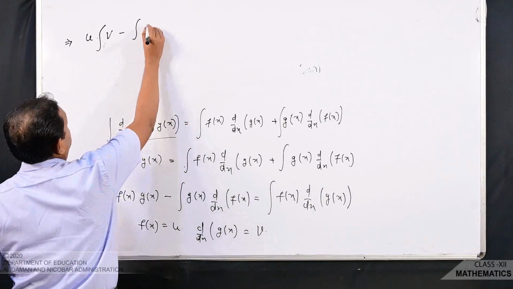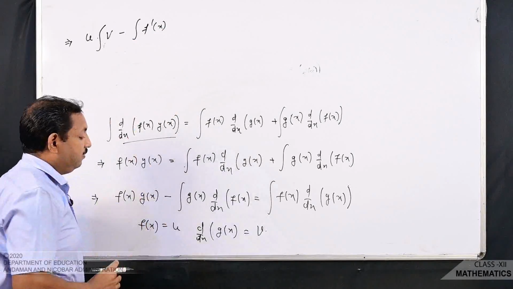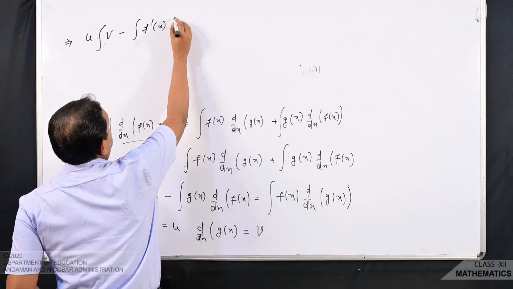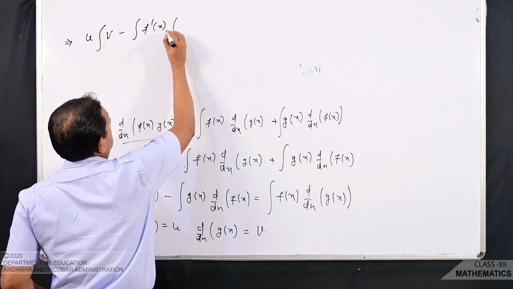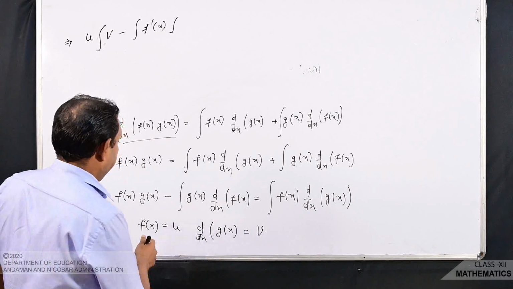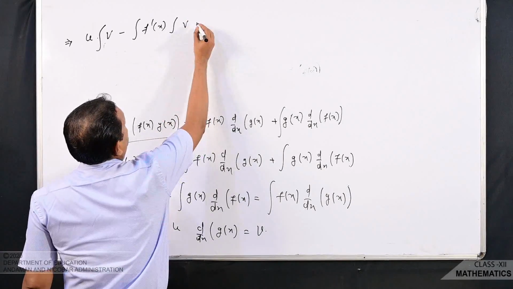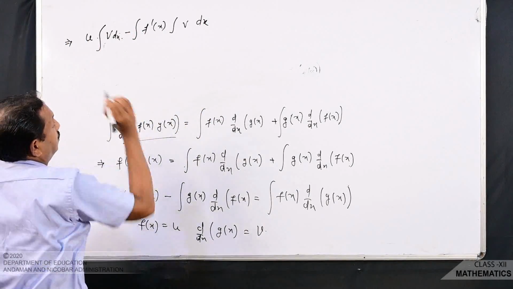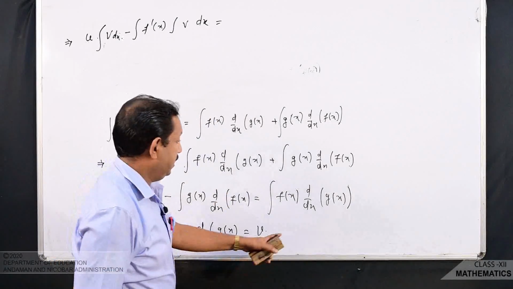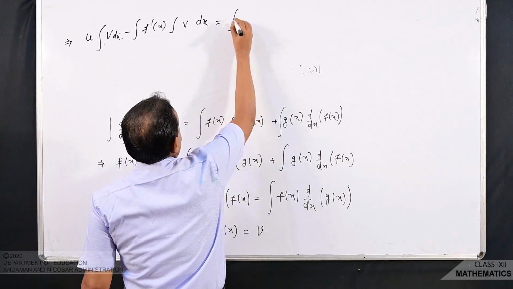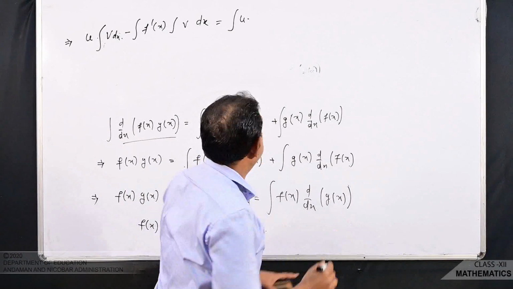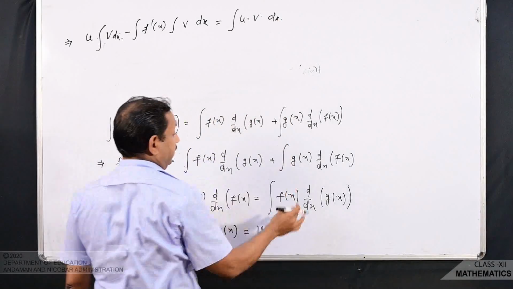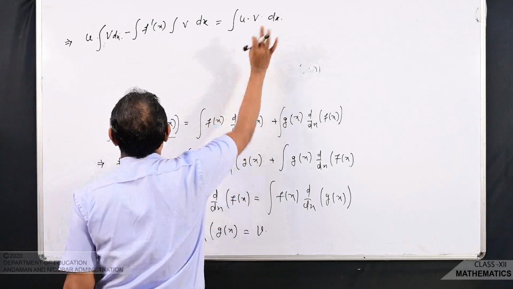F of x we can write as f dash of x, that is the derivative, and here g of x is again the integration of v, and I keep this v as dx, here I also keep dx. So, here it will be f of x as u and the derivative of g of x as v, and dx.